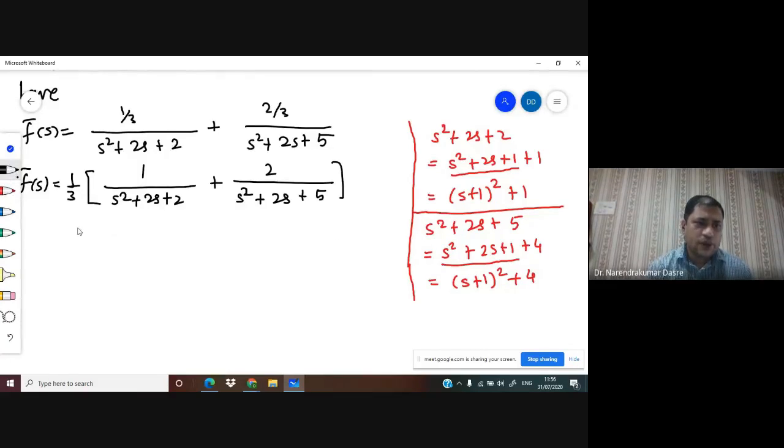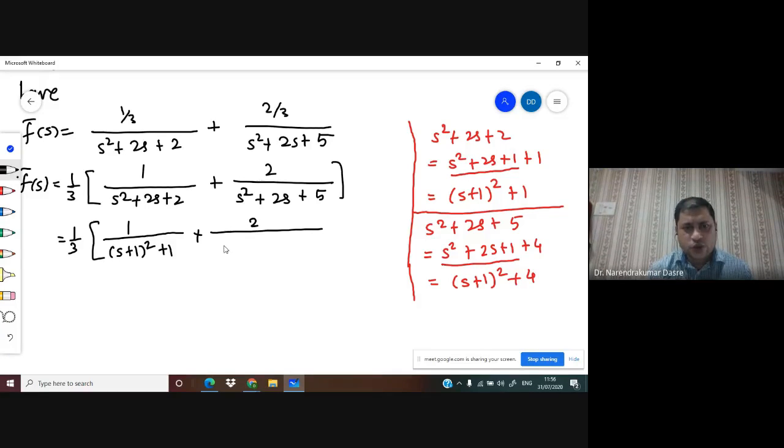And now we are able to simplify it here. So it is going to be 1 by 3, you have 1 upon s plus 1 bracket square plus 1, plus 2 upon s plus 1 bracket square plus 4.